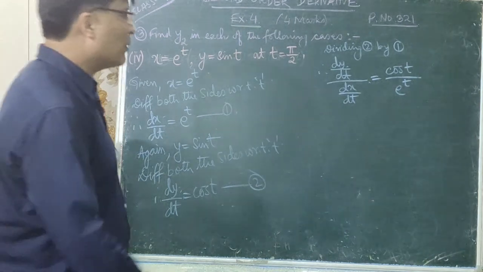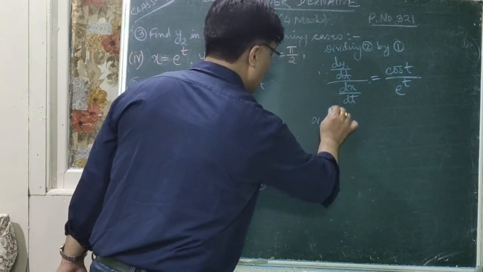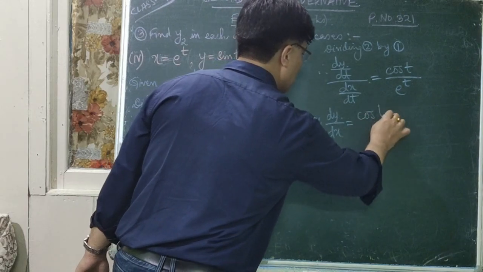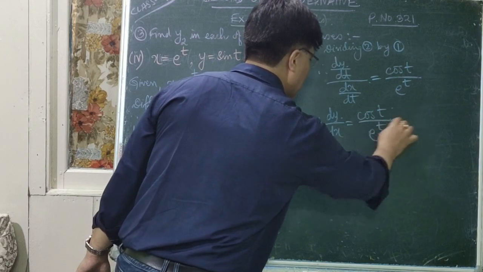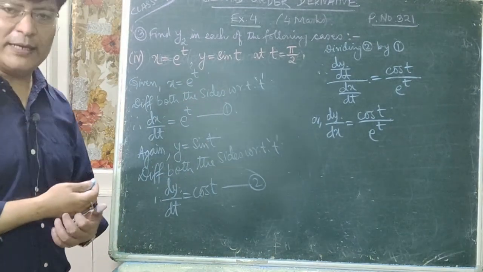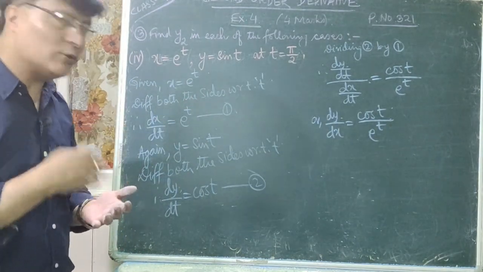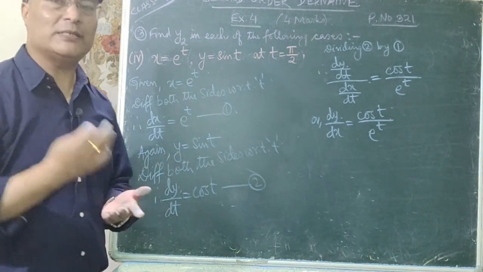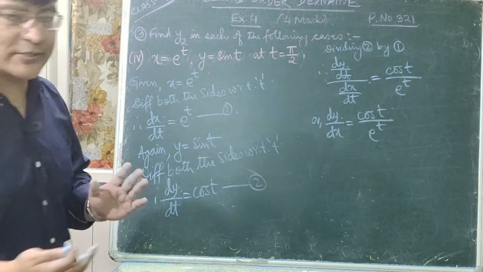Clear? Now we have to get dy by dx, or dy by dx is equal to cos t divided by e to the power t. So this is the value for dy by dx. Now what will you do again? You have to differentiate to get d2y by dx square with respect to x.